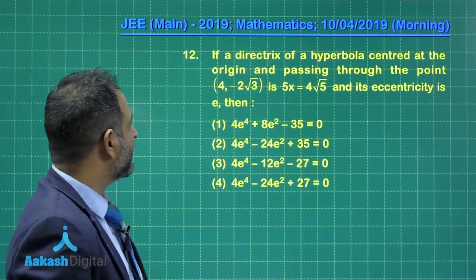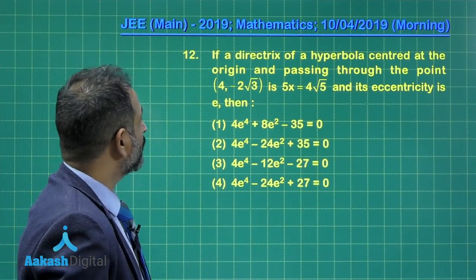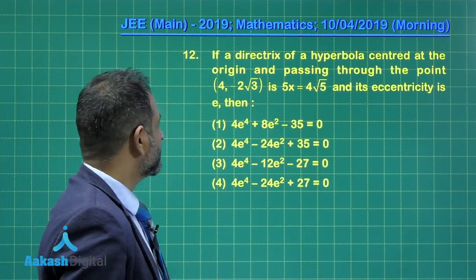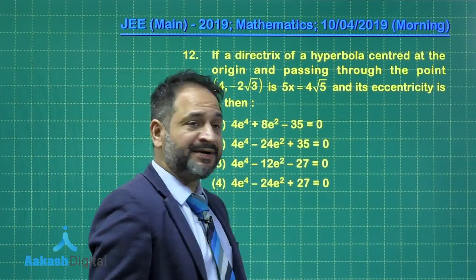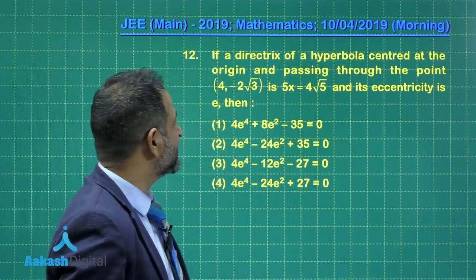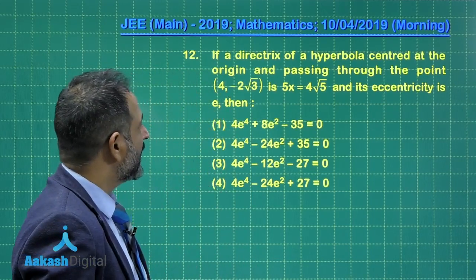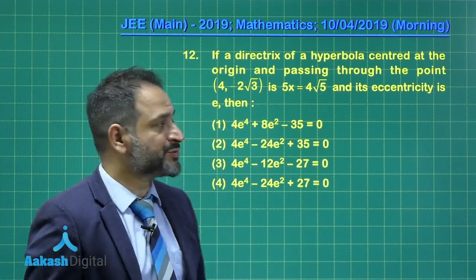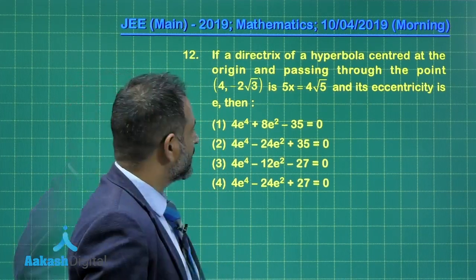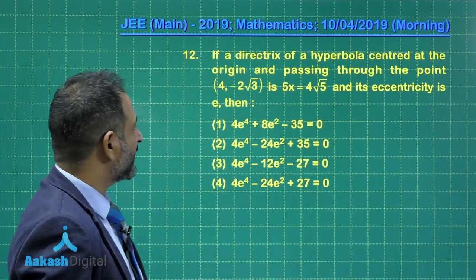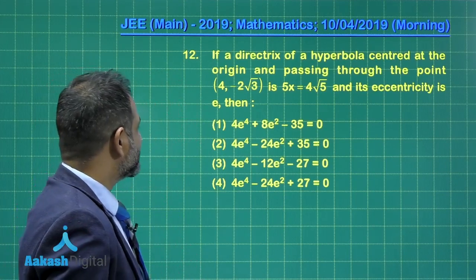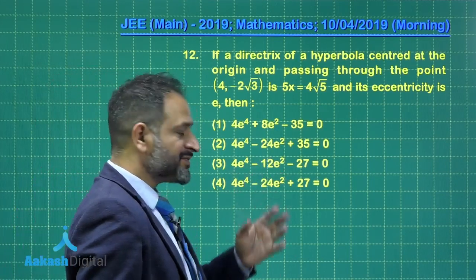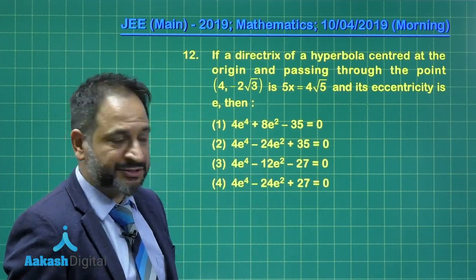Now here again is a question from conic sections. What is given here is, if the directrix of a hyperbola centered at origin and passing through the point (4, minus 2 root 3) is 5x equal to 4 root 5 and its eccentricity is e, then which of the relations is correct in terms of e?